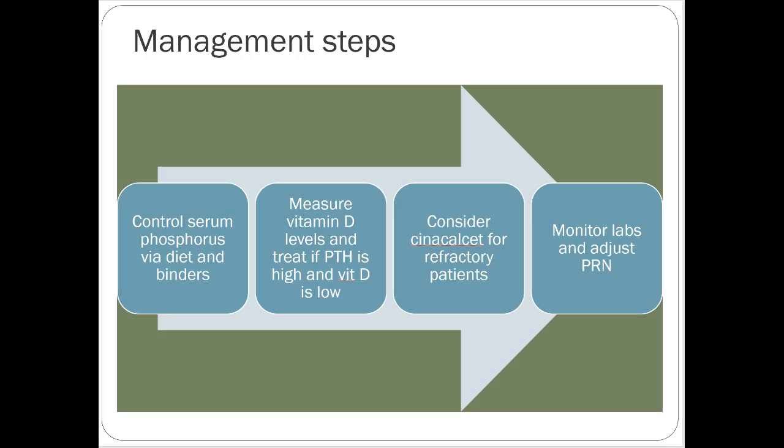Then check vitamin D levels, and treat if your parathyroid hormone is high and vitamin D is low, supplementing with calcitriol or IV paricalcitol if you need that. Consider cinacalcet for those refractory patients with high PTH. Remember that refractory means that their PTH is still elevated despite having adequate vitamin D and phosphate control in their regimen. And then you just monitor and make adjustments as you need to.